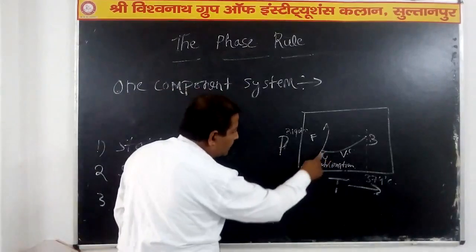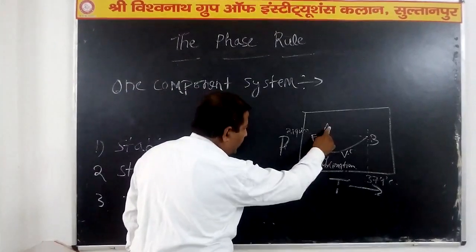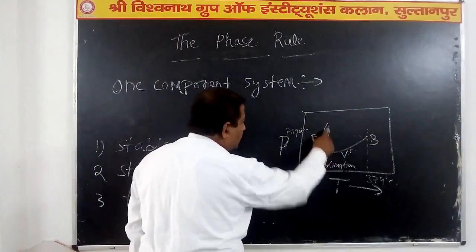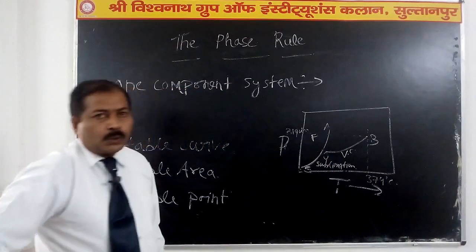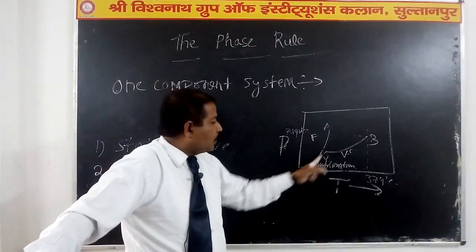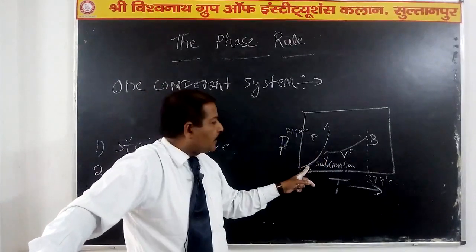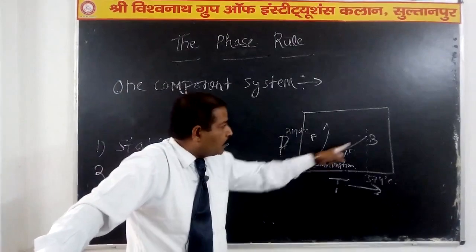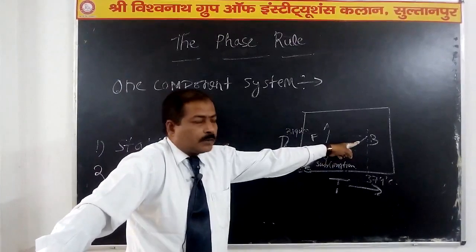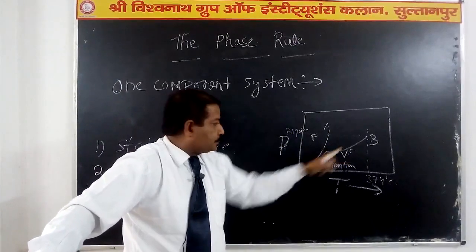Along the curve OA, the total number of phases is equal to 2. Along the curve OC, the total number of phases is equal to 2. Along the curve OB, the total number of phases is equal to 2.